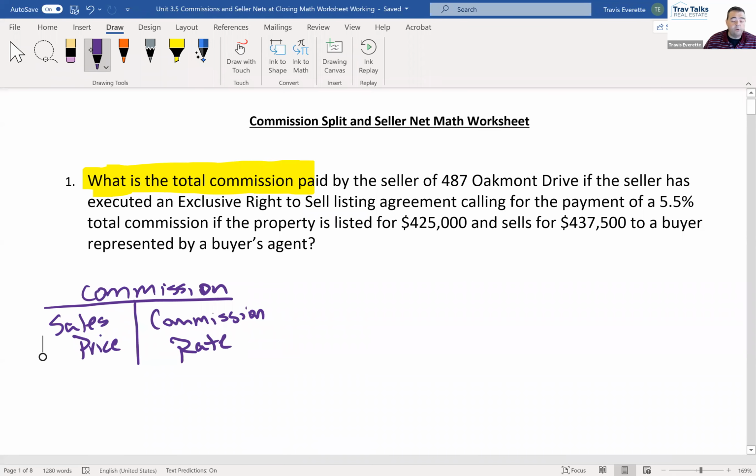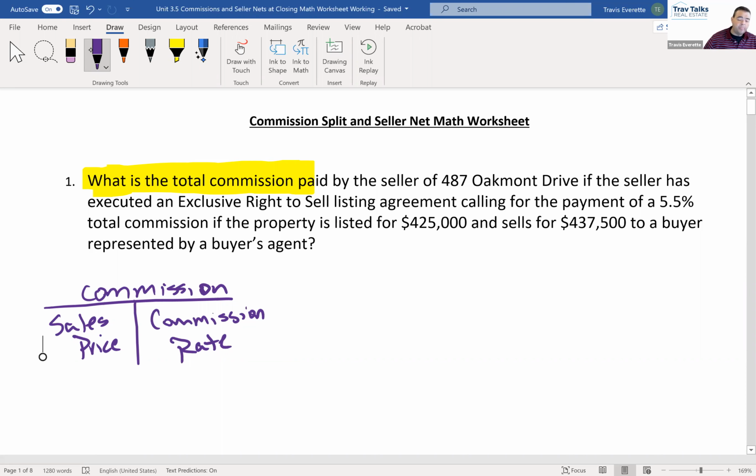So what's the total commission paid by the seller of 487 Oakmont Drive if the seller has executed an exclusive right to sell listing agreement calling for the payment of a 5.5% total commission, if the property is listed for $425,000 and sells for $437,500 to a buyer represented by a buyer's agent?